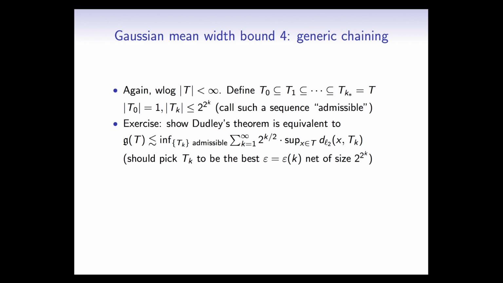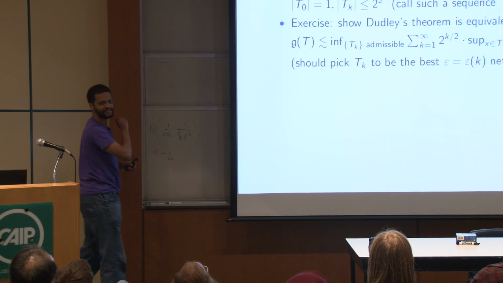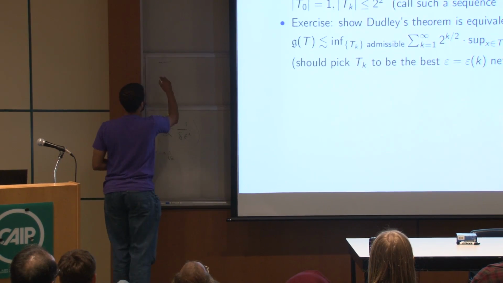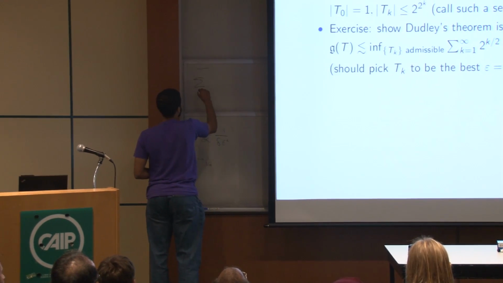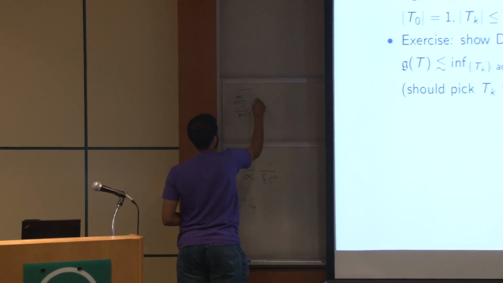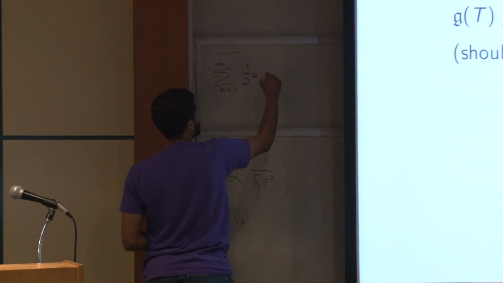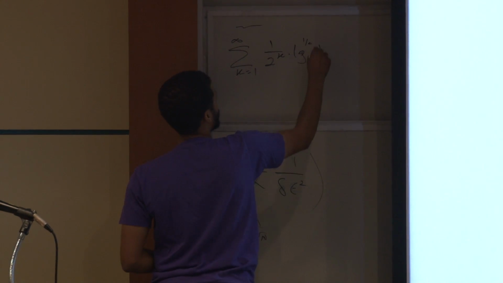Okay, an exercise. I say exercise, but actually I'm going to explain it to you. So exercise: Dudley's theorem on the last slide, I claim, is equivalent to, let me just rewrite this. Can people see this? Is it too dark? Okay, so last slide we had a sum over k from 1 to infinity of 1 over 2 to the k times square root log of the covering number.